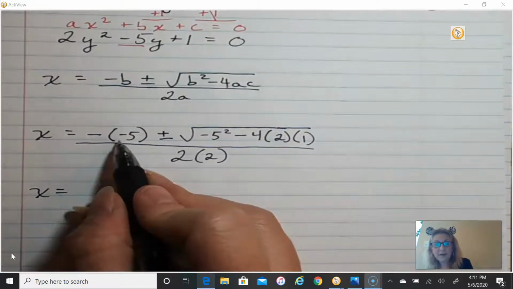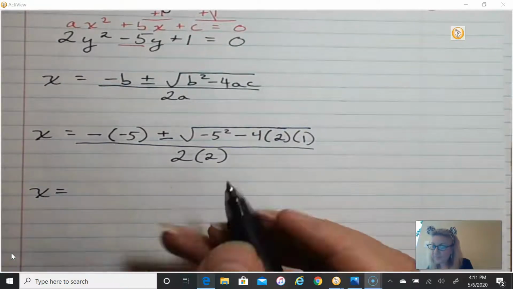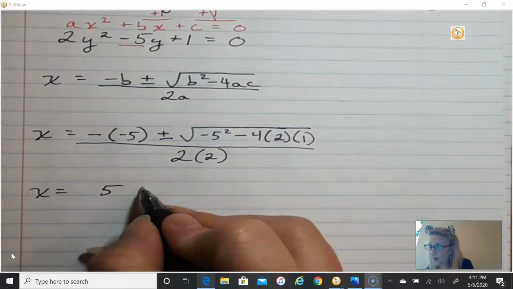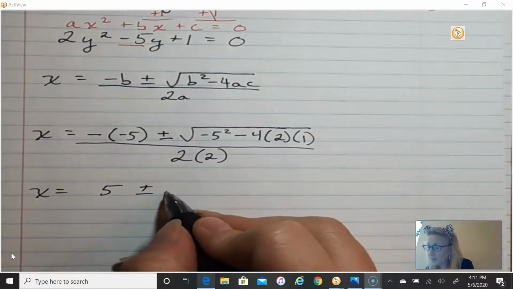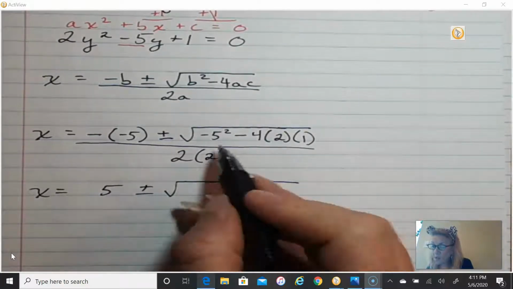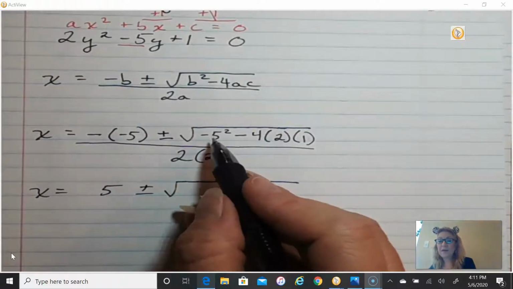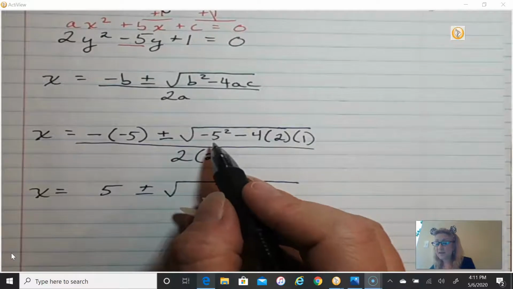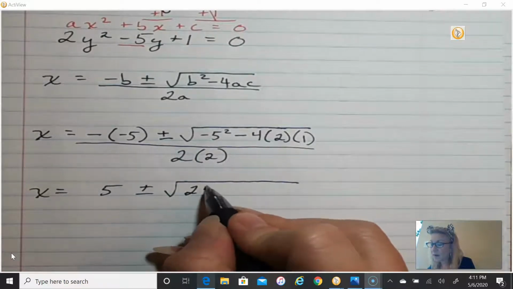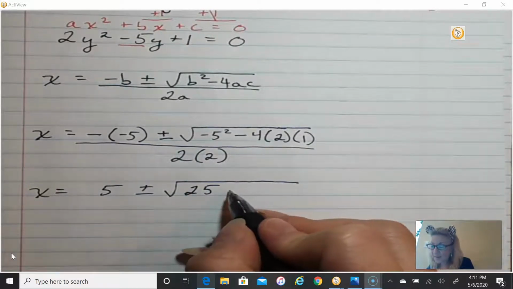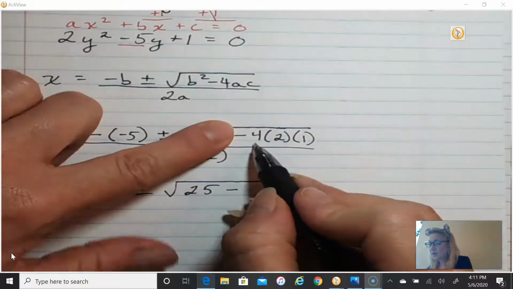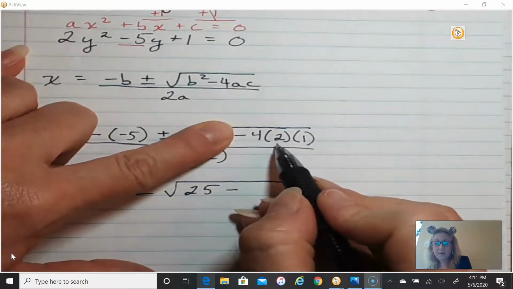Now, negative and negative gives you a what, guys? Positive. So positive 5 plus or minus. What is negative 5 squared? That's negative 5 times negative 5. So negative times a negative is positive. So I have 25. Minus, what's negative 4 times 2? Negative 8.